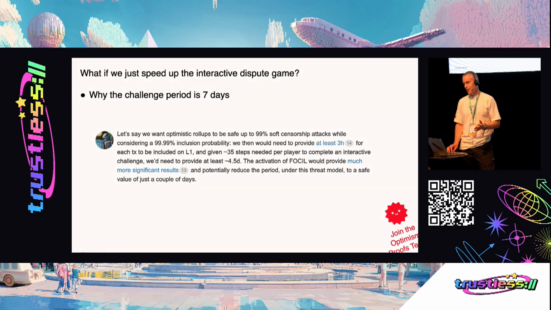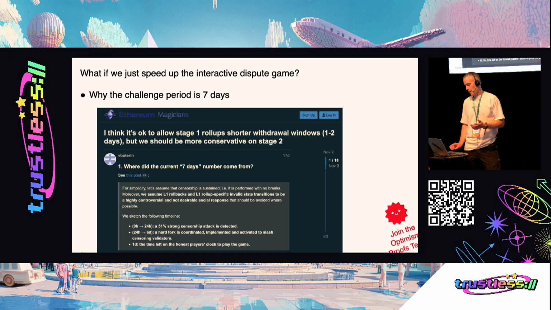I think there's all kinds of things that you could debate about the realities of that, but anyway, that's where we are today. That's baked into the definition of stage 1. Now, recently, this V. Buterin guy posted on Ethereum Magicians that maybe it's okay to allow stage 1 rollups a shorter withdrawal window. So let's dig into that.